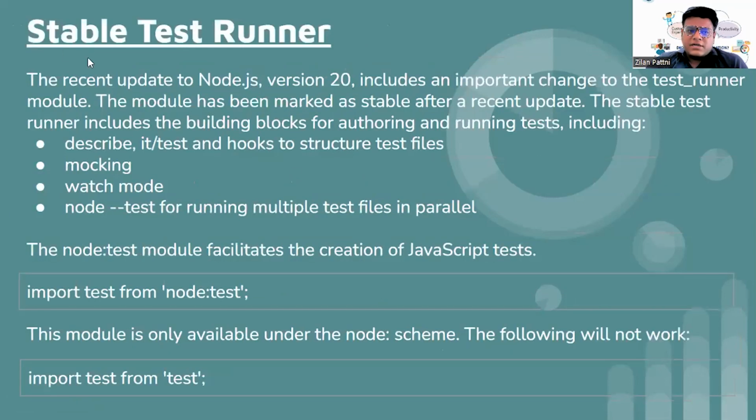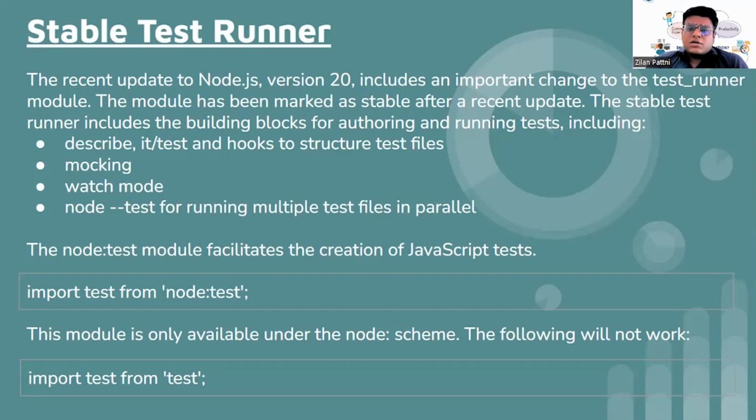So the next release is the stable test runner. This is a new feature introduced by Node.js in version 20. That means in Node.js, you can now write unit test cases directly.